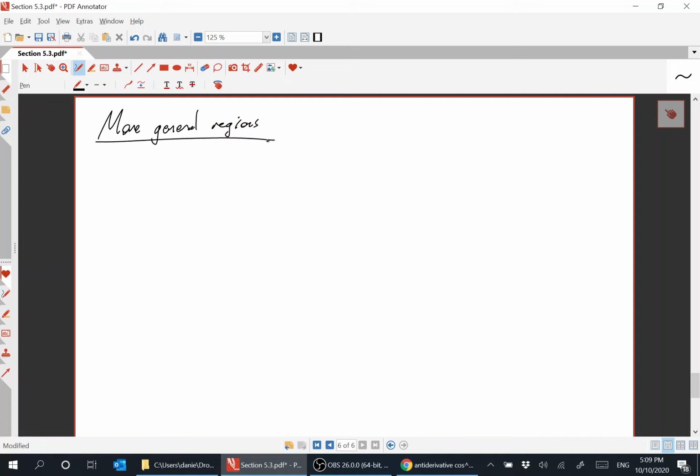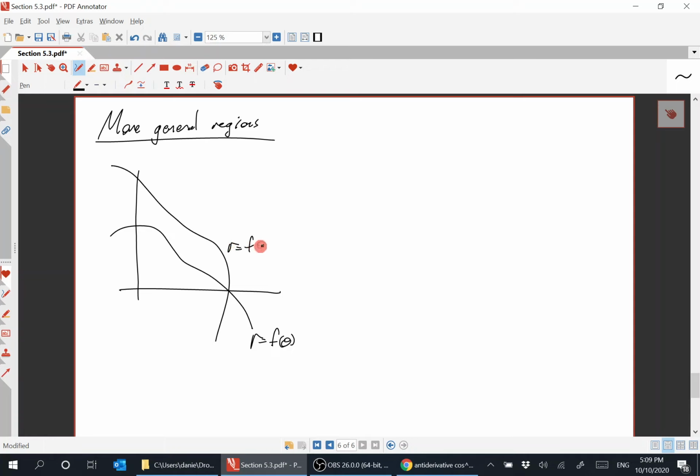So, more general regions in polar coordinates. If you've got r equals f of theta like this, and then r equals g of theta like that. Let's make this one f, and this one r equals g of theta.